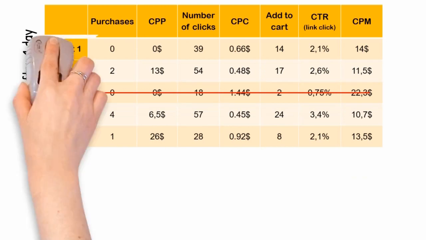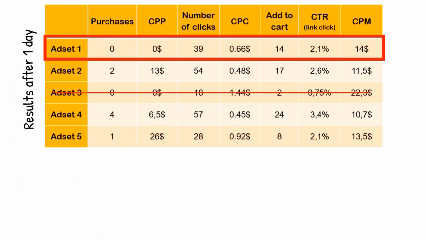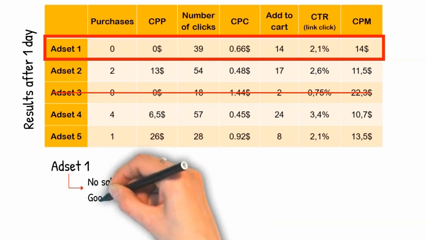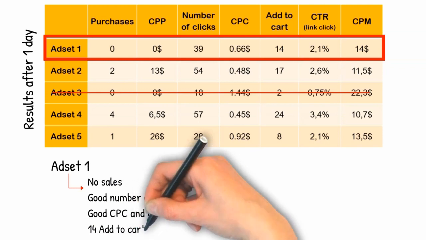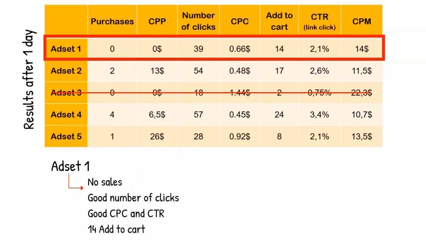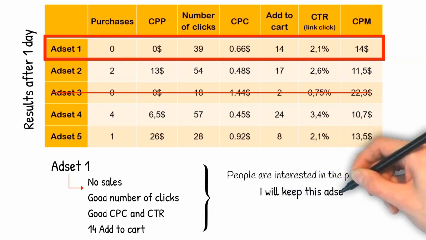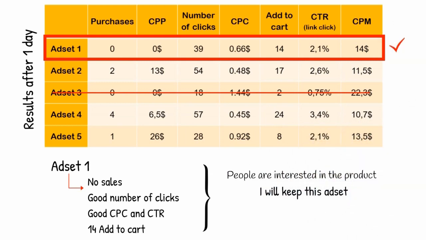Let's analyze ad set 1 now. We see 0 sales, but we see a good number of clicks and a relatively good CPC. We also see 14 add to carts, which demonstrate some interest in this product, and a good CTR link click above 2%. So I will leave this ad set for now.